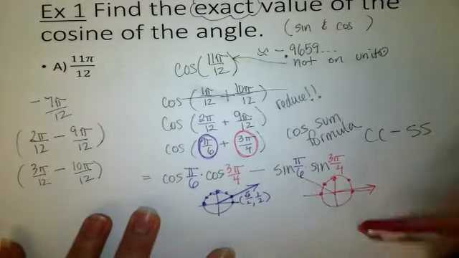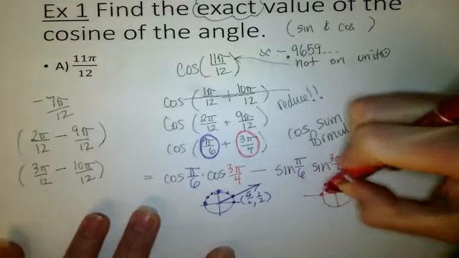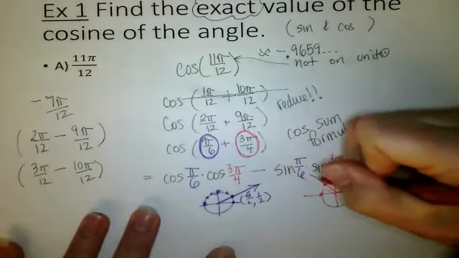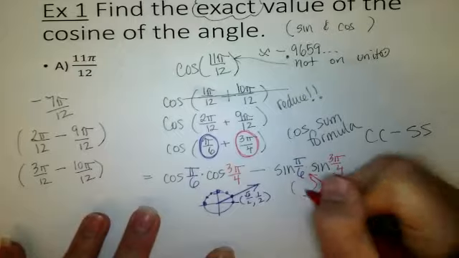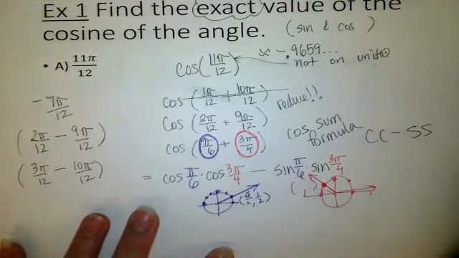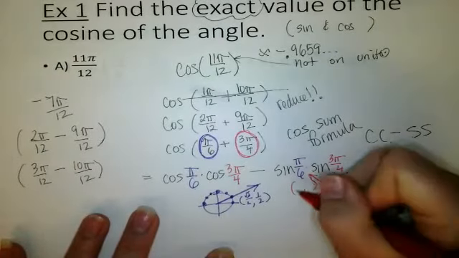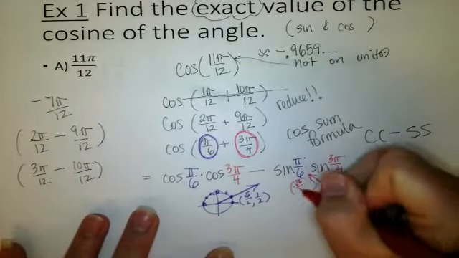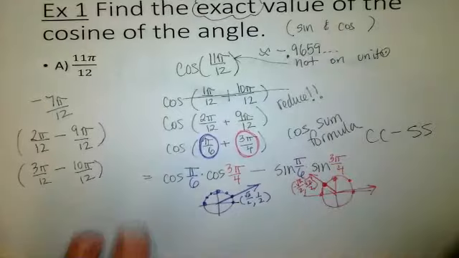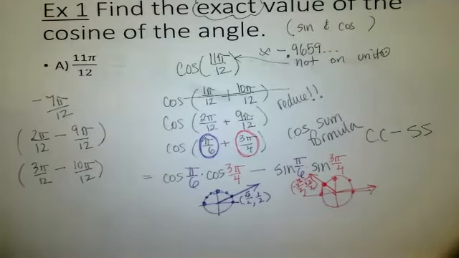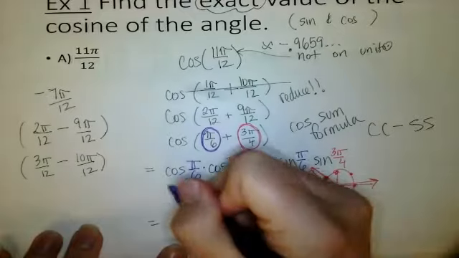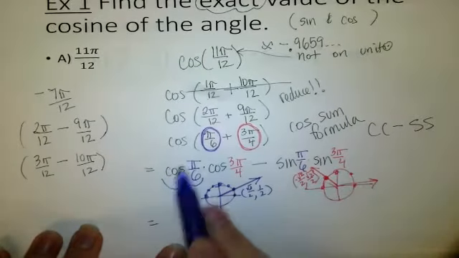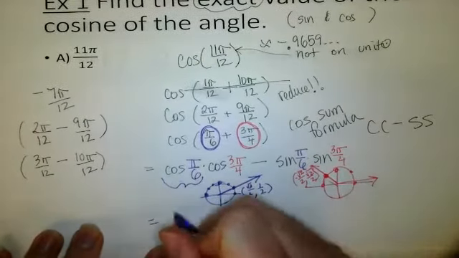There is 3 pi over 4. What's the ordered pair at 3 pi over 4? Negative radical 2 over 2, up radical 2 over 2. Very good. All right, so now that we remember that, we can actually evaluate these trig ratios here. Cosine at pi over 6 is what?